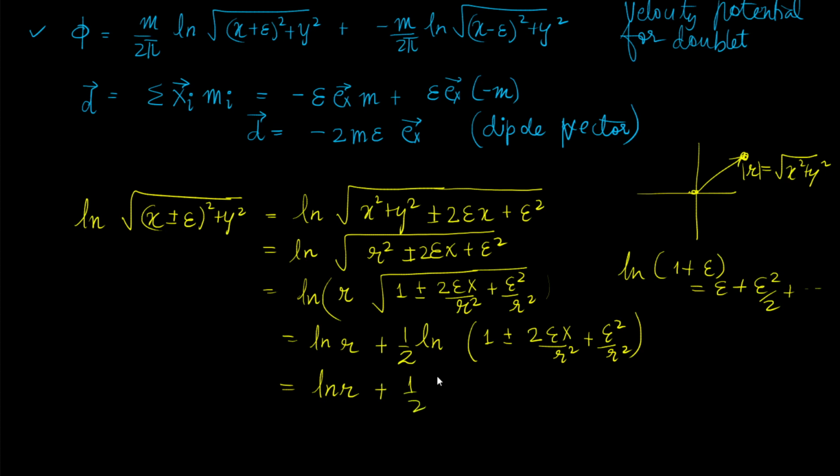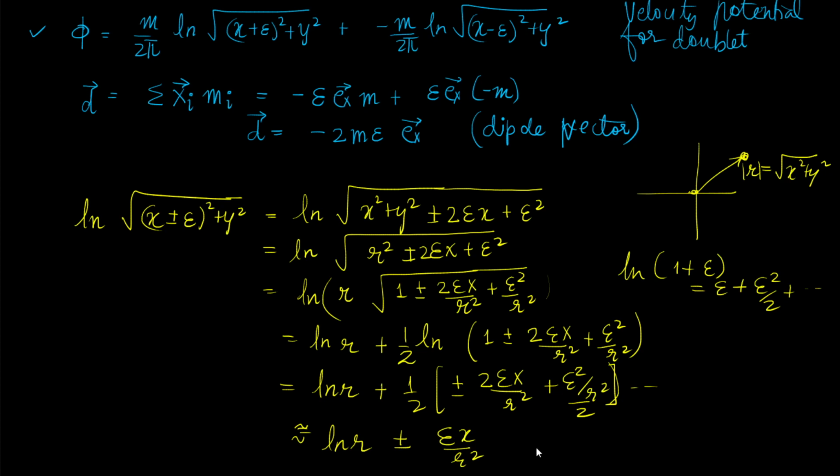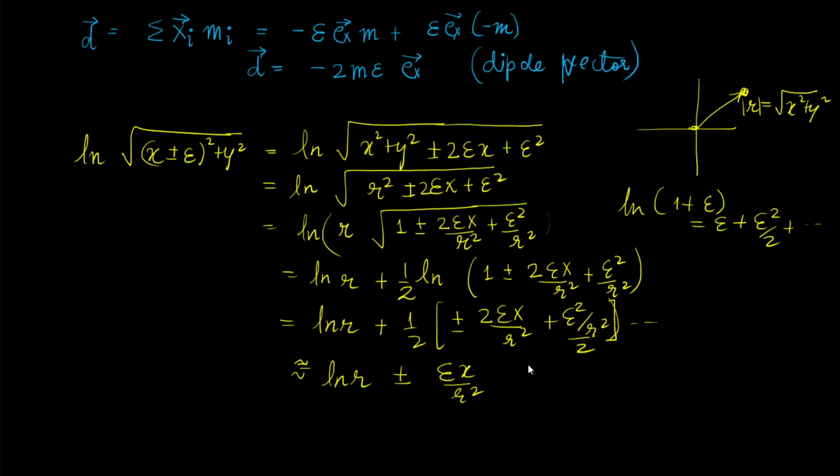So this becomes half times plus minus 2 epsilon x upon r square plus epsilon square upon r square by 2 and so on. So if we retain only the first term, this approximates to log of r plus minus epsilon x upon r square. So this is valid when the higher order terms are smaller than the leading order terms.